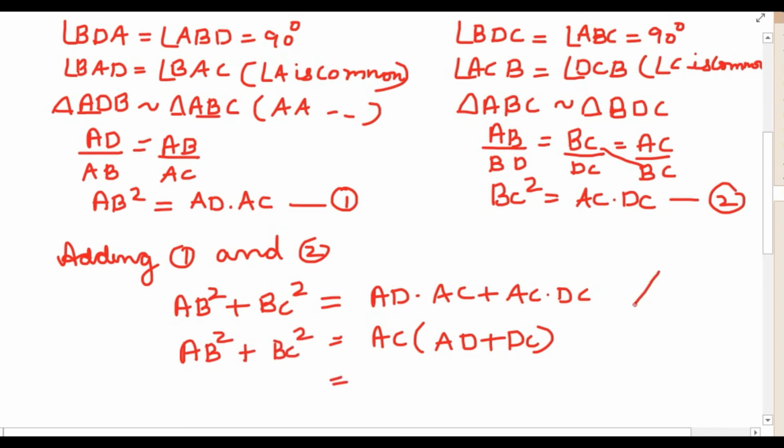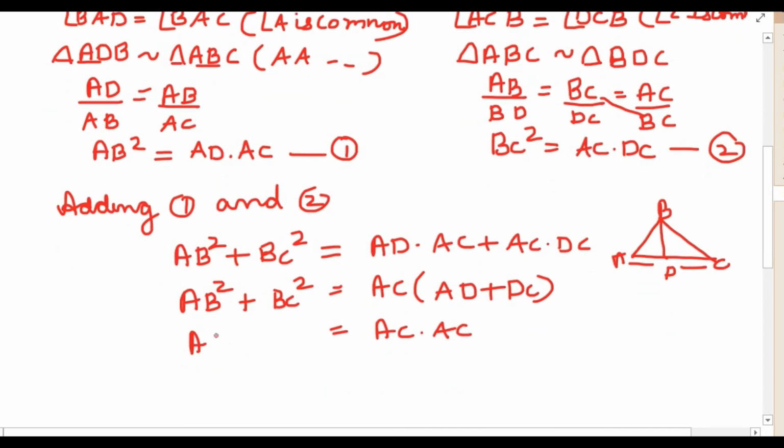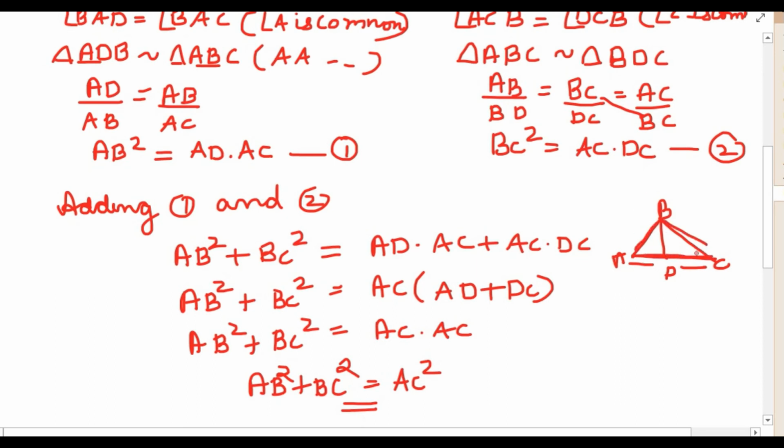Now our triangle was like this: A, B, C and D, and AD plus DC is nothing but AC only. So AB square plus BC square is equal to AC into AC. That means AB square plus BC square is equal to AC square, which is what we need to prove. That is, the Pythagoras theorem states that the square of hypotenuse is equal to sum of square of other two sides.